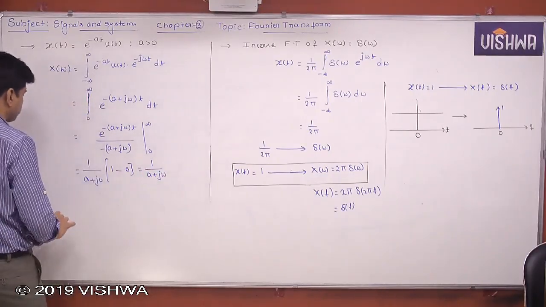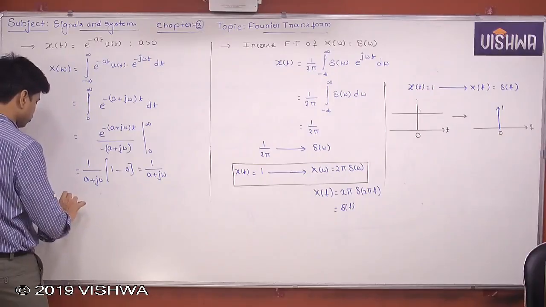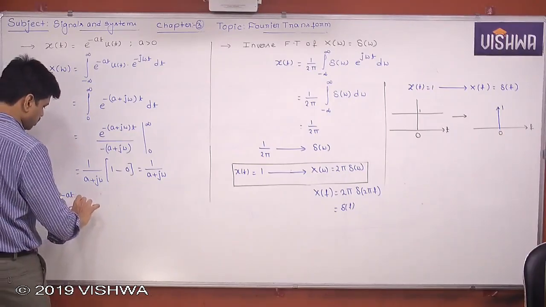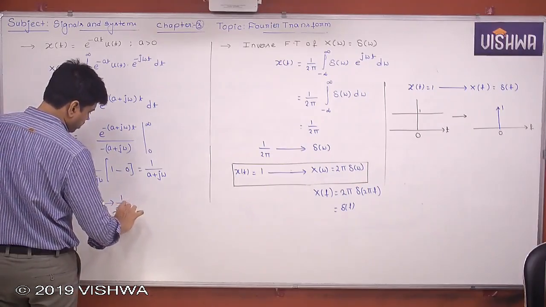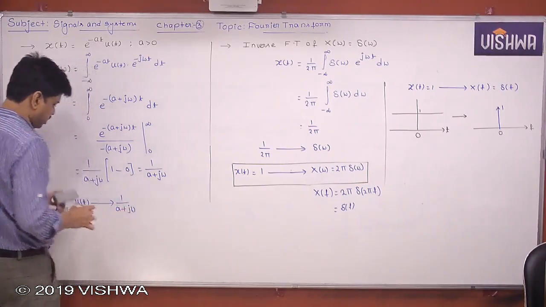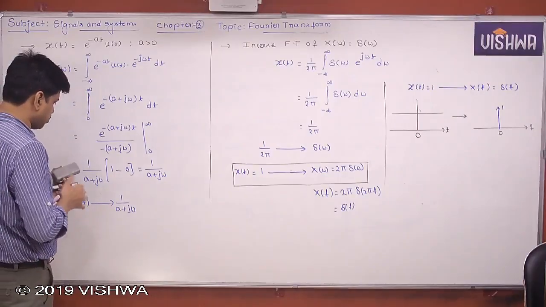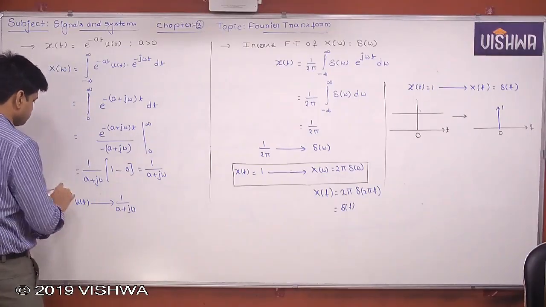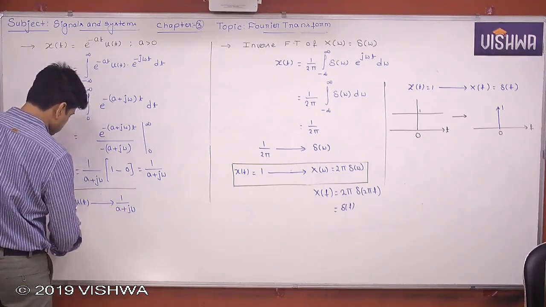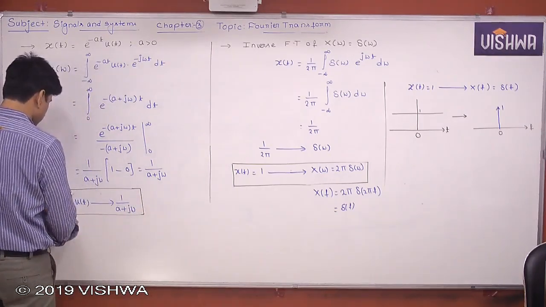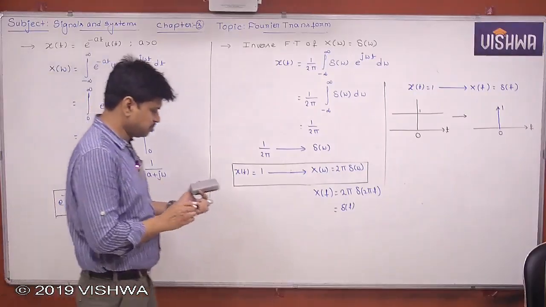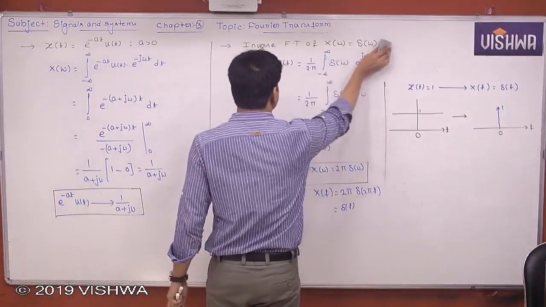So you have to remember that e power minus at u of t has the Fourier transform 1 by a plus j omega. Some more analysis on this function.